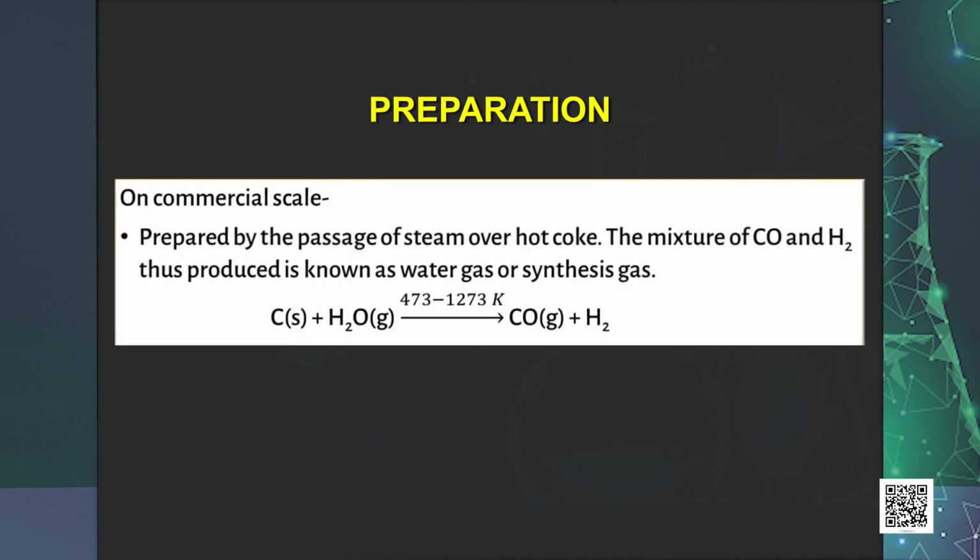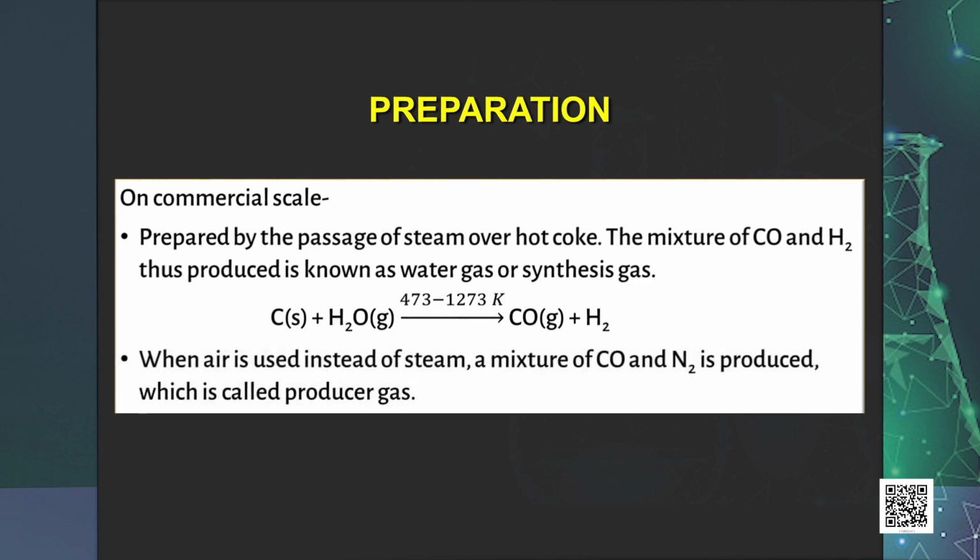On commercial scale, it is prepared by passage of steam over hot coke. The mixture of CO and H2 thus produced is known as water gas or synthesis gas. Reaction is carbon plus H2O at 473 to 1273 Kelvin giving CO plus H2.